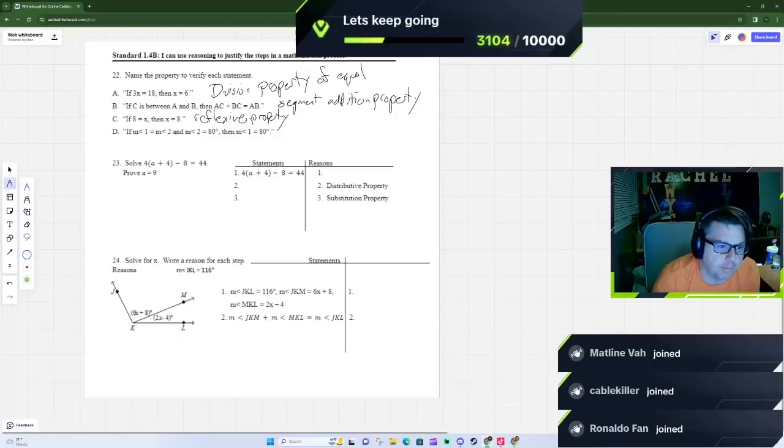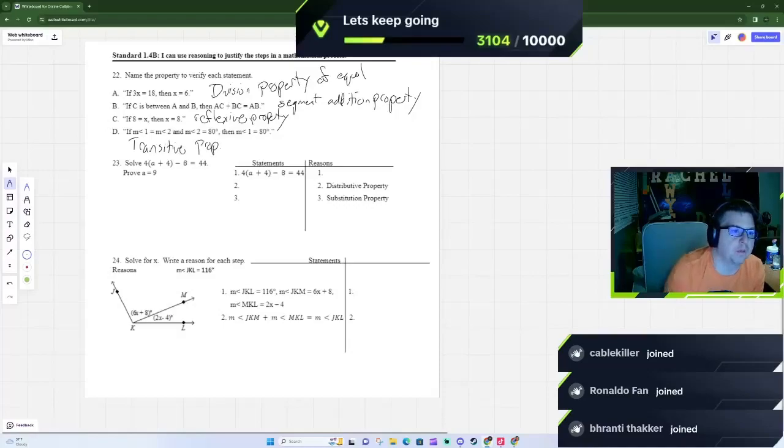So if we cut out the middleman, that is actually what we call the transitive property. We're going to get rid of the one that is doubled. So you see the angle 2. It's almost like substitution, because I know the measure of angle 2 equals this, and I know the measure of angle 2 equals that.